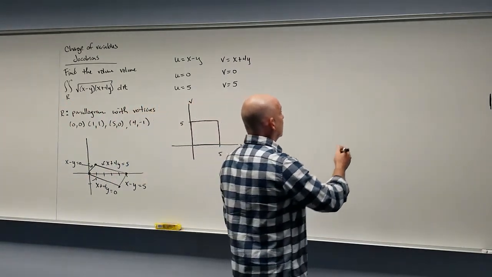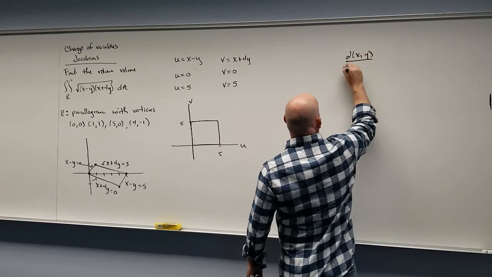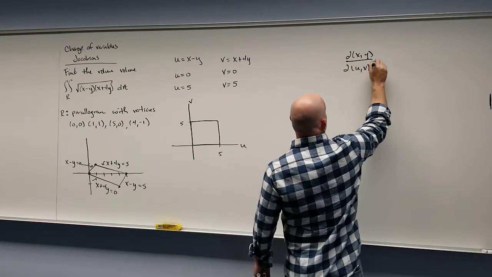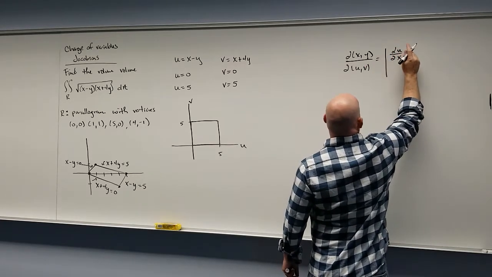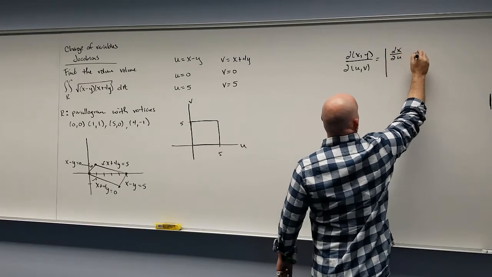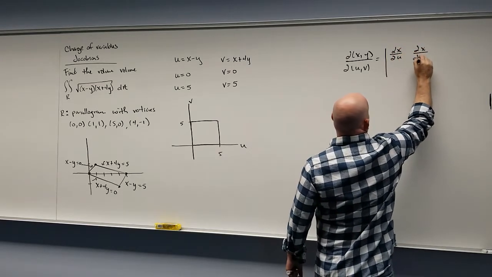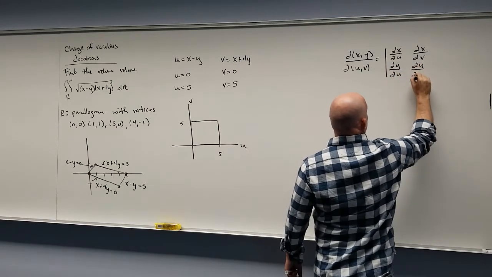So from a second ago, we saw that this is true: x and y with respect to u and v. It's in here. Oh, upside down. x with respect to u, x with respect to v, y with respect to u, y with respect to v.